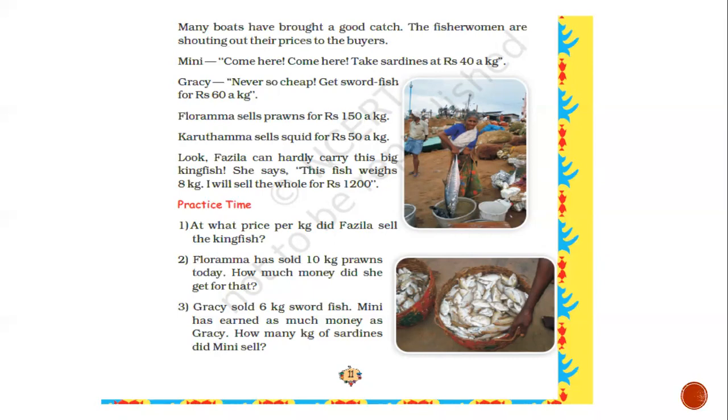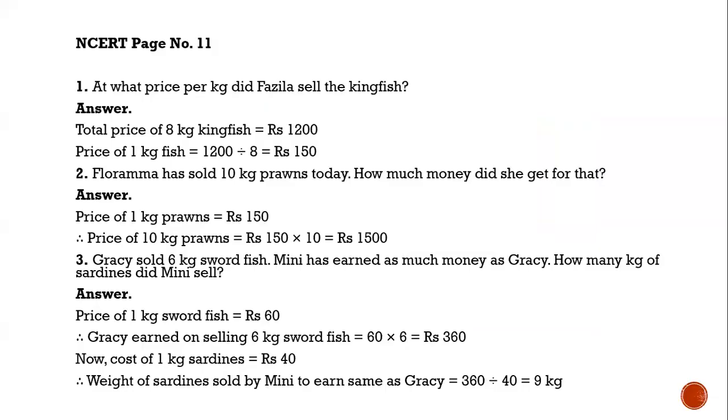If Gracie is selling 6 kg swordfish to earn rupees 360, then Minnie has to sell 9 kg of sardines to earn equal to Gracie, that is 360. We can see over here, price of 1 kg swordfish is rupees 60.